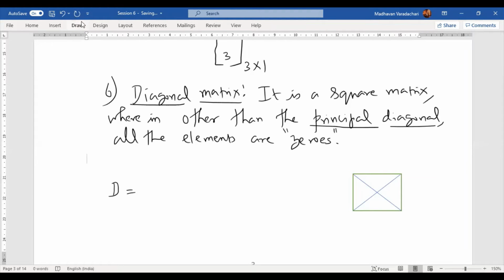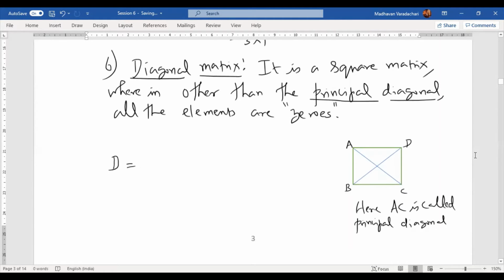Let me write here A, B, C, D. Here AC is called the principal diagonal. Whenever you come across this word principal diagonal, they are talking about this one. This is just for our understanding.